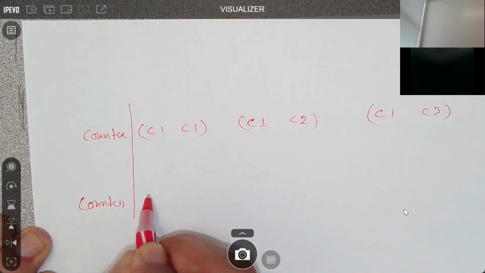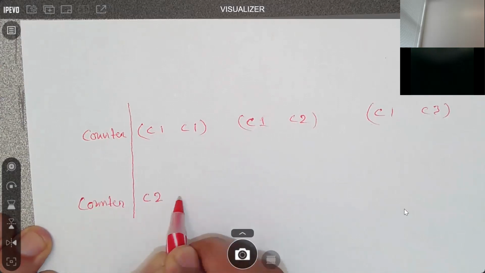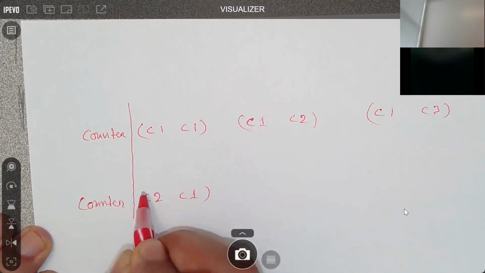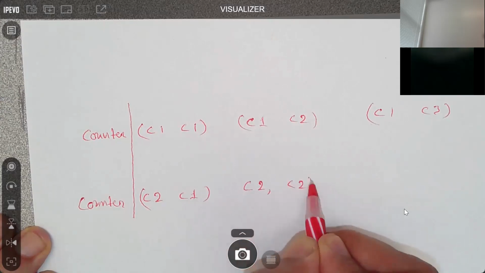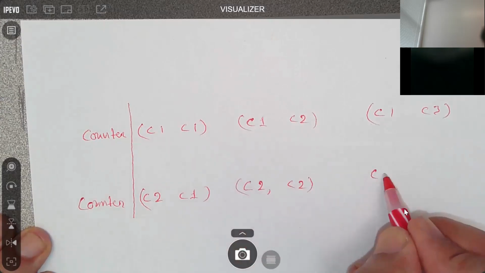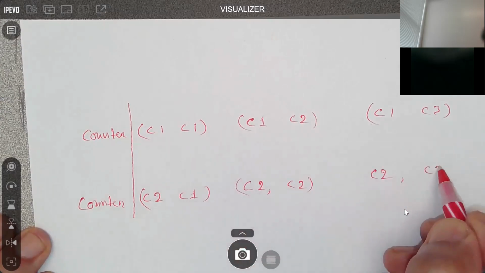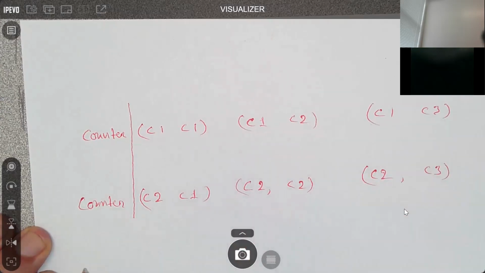First customer chooses counter 2 and second chooses counter 1; first counter 2 and second counter 2; first counter 2 and second counter 3. First customer chooses counter 3 and second chooses counter 1; first counter 3 and second counter 2; first counter 3 and second counter 3.